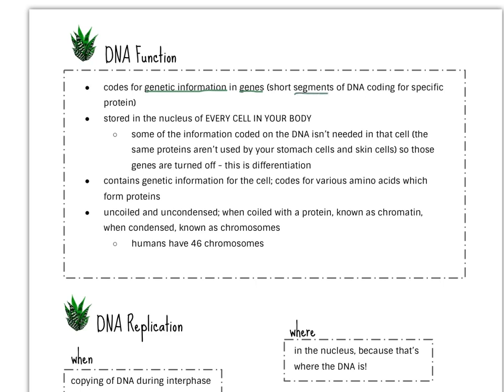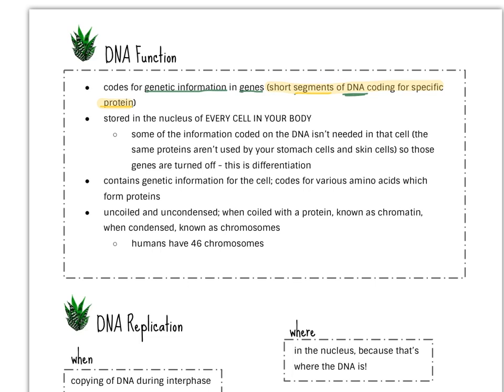Genes are just short segments of DNA. That's important. Coding for specific proteins. And since that's a definition, I'm going to go ahead and highlight it because that's important, and we want to be able to remember that. Okay?